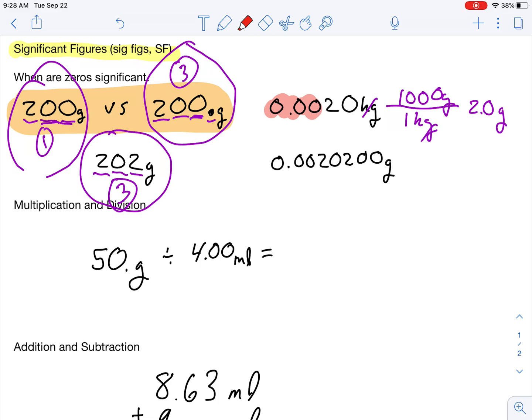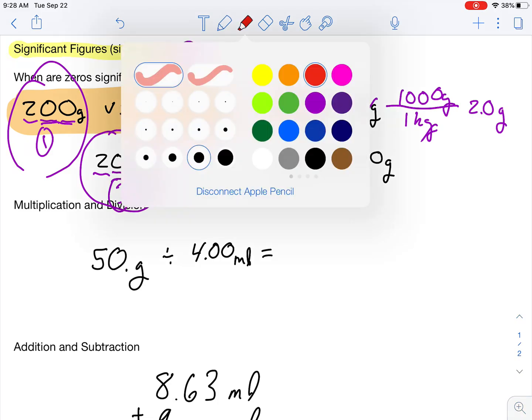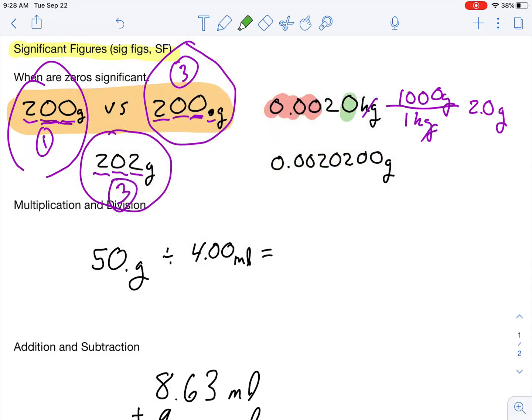They are not significant. Zeros after a non-zero after a decimal place do count. They are significant. In this example here, I have a total of 2 sig figs, the non-zero and the 0 that follows the non-zero. And I still have 2 sig figs here because I shouldn't change the number of significance as I've changed the unit. So that 0 that follows the decimal place is also significant right here.